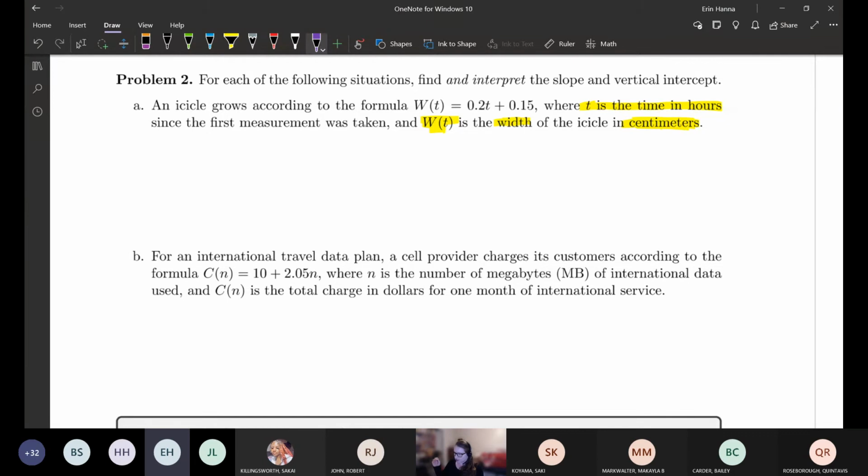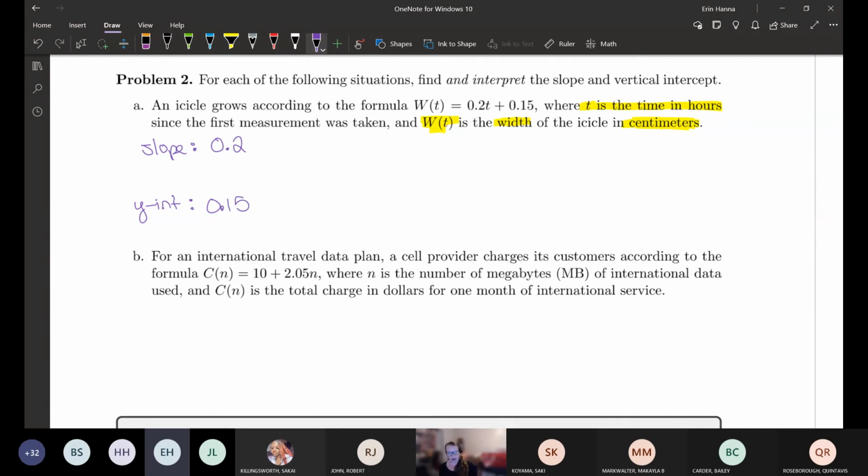There's not a lot of work to find the slope and y-intercept. They're just there for us because it's set up in the y equals mx plus b format. So our slope is going to be the 0.2, and the y-intercept is going to be the 0.15.